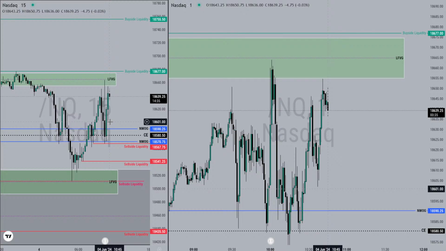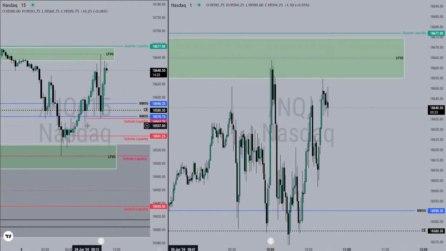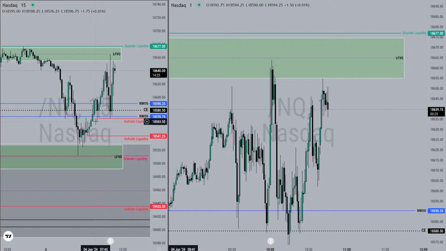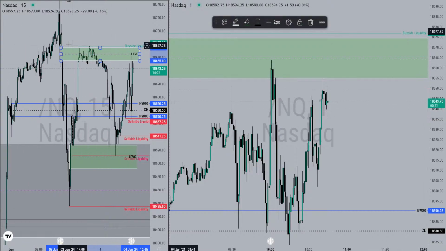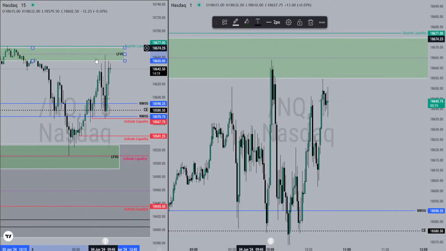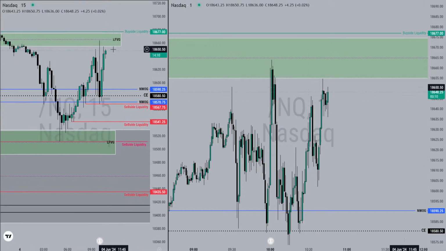Let's see what you see over here. So far the market has built the sell side liquidity around that area. This is the sell side liquidity from the 15 minutes, and the market has built that sell side liquidity. This 15-minute last fair value gap is holding the price. That means the market is trading in the lower part of that 15-minute last fair value gap. Still it's bearish, and maybe the market can reach until that consequent encroachment, but it is still a very nice bearishness.